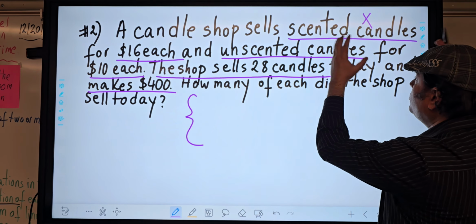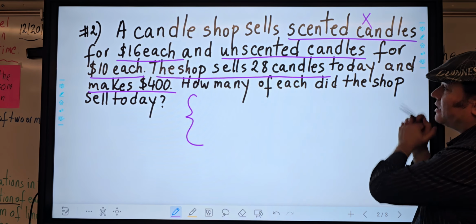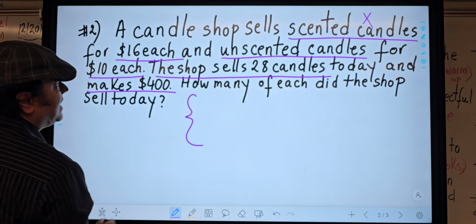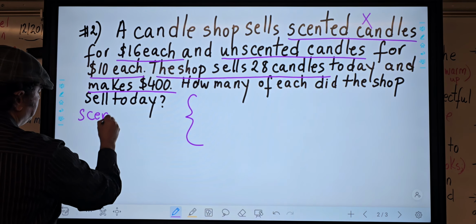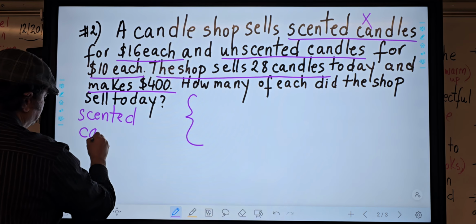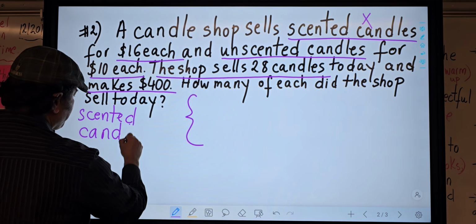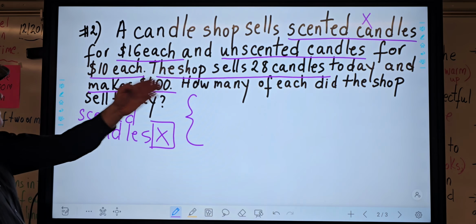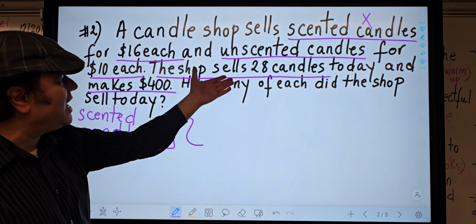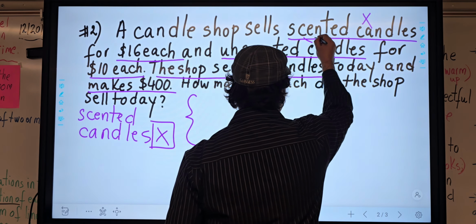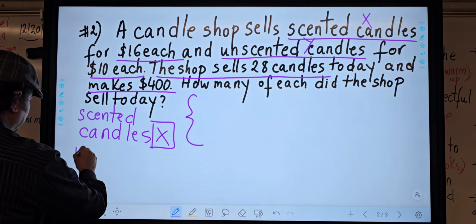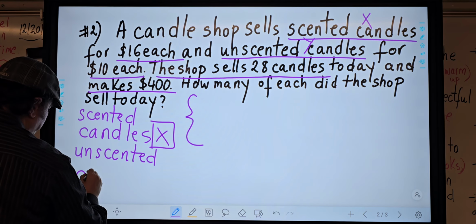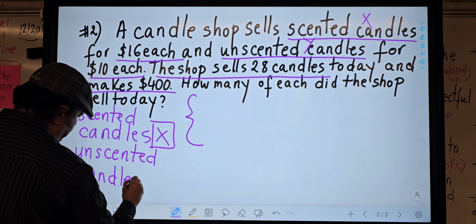We know the total, but we need to find the number of scented candles, so let's call it X. And if we call the scented candles X, let's call the unscented candles Y.